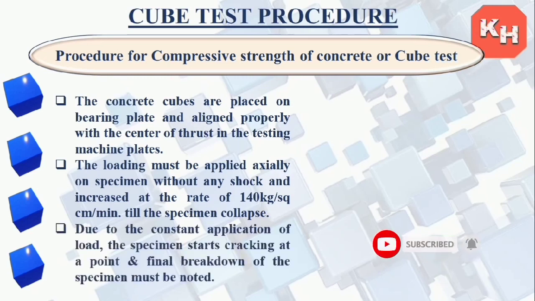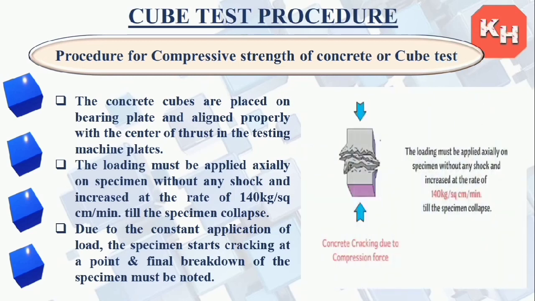Due to the constant application of the load, the specimen starts cracking and the final breakdown of the specimen must be noted. Here we can see the pressure is applied from the upper side as well as from the lower side, at the rate of 140 kg per square centimeter per minute till it collapses, and the reading at which it collapses is noted.